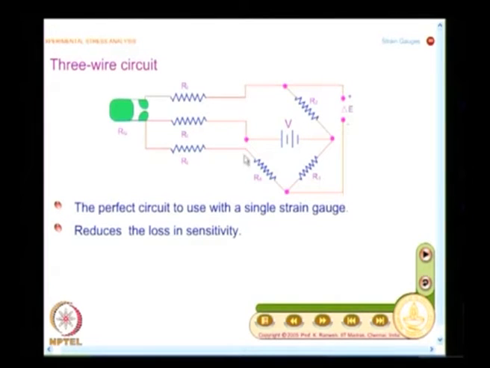This portion does not change, but how you connect the strain gauge to the strain meter in forming the bridge is slightly modified and shown here.